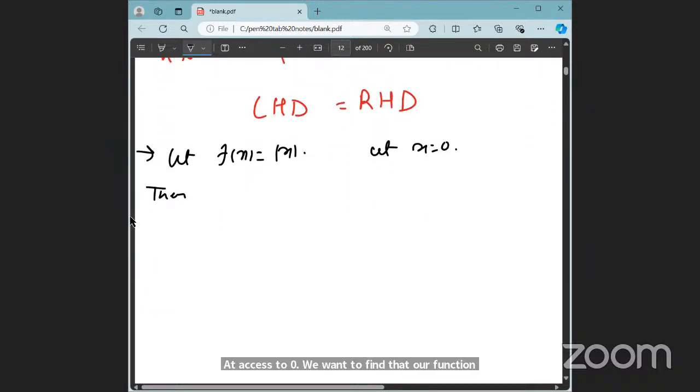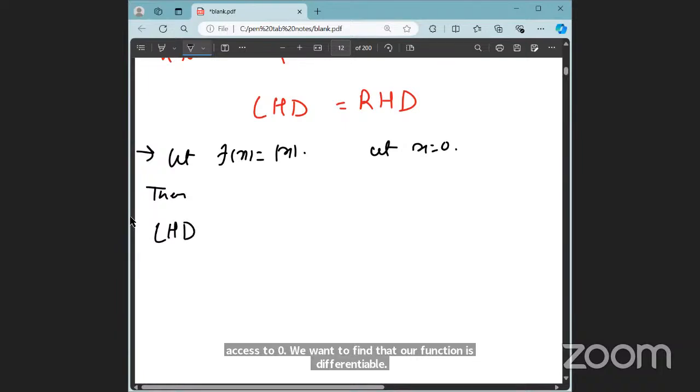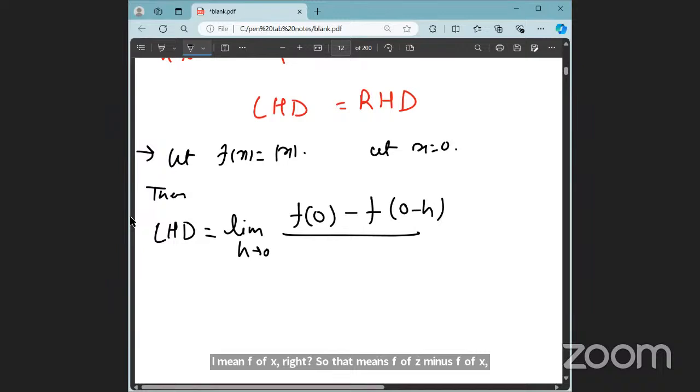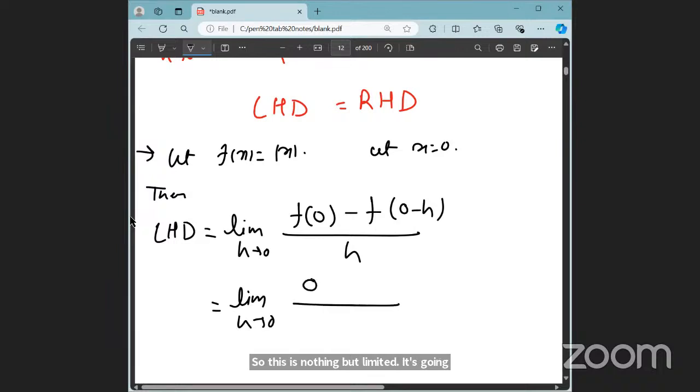So we'll try to find the left-hand derivative. The left-hand derivative is limit h going to 0 of f of 0 minus f of 0 minus h, upon h. f of 0 is 0 because of the mod. So minus f of minus h.